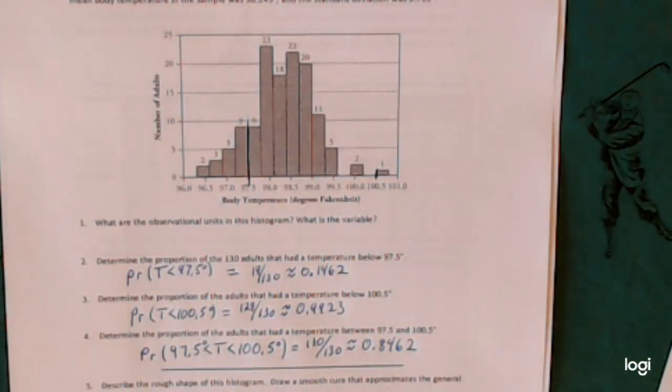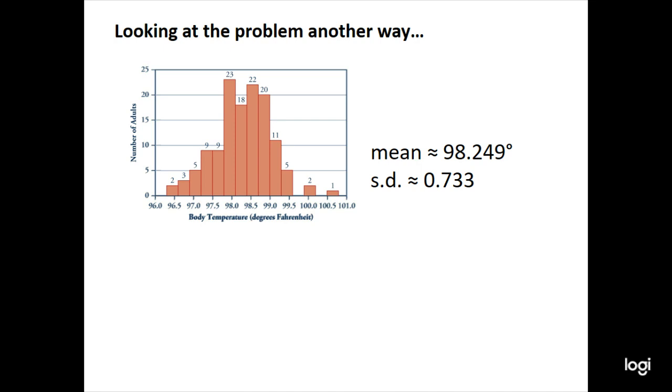Okay, so there's our warm-up. Now I want to think about the problem in a different way. Going back to the picture of our histogram, I asked you at the beginning about the shape of it, and if it's not clear, it should be that it's a normal distribution.